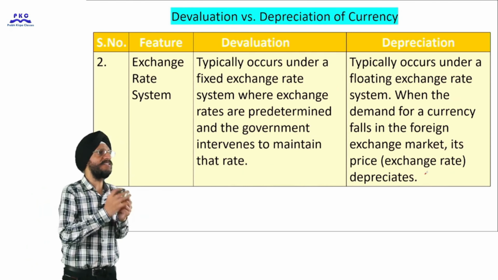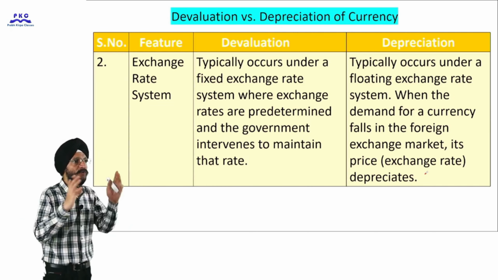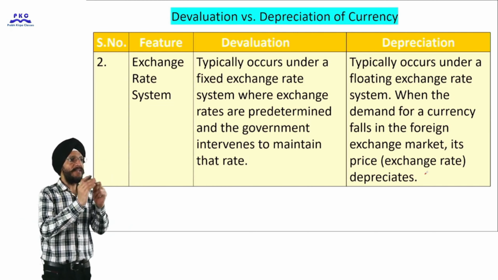Exchange rate system. Devaluation occurs under a fixed exchange rate system. Fixed exchange rate system means where exchange rates are predetermined and the government intervenes to maintain that rate.